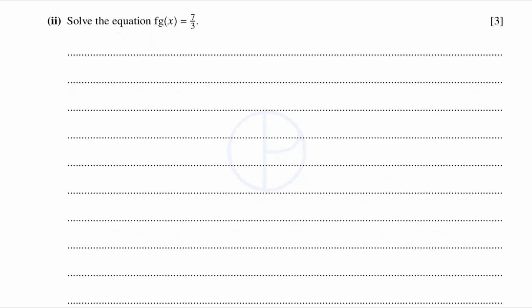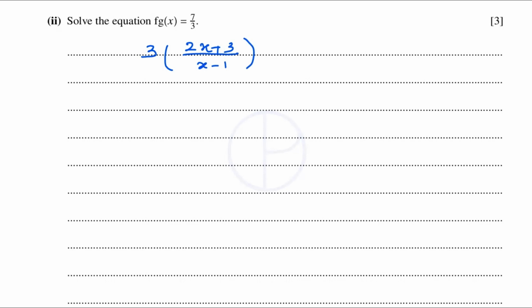For fg of x, we have to substitute g of x in f. F is 3x minus 2.